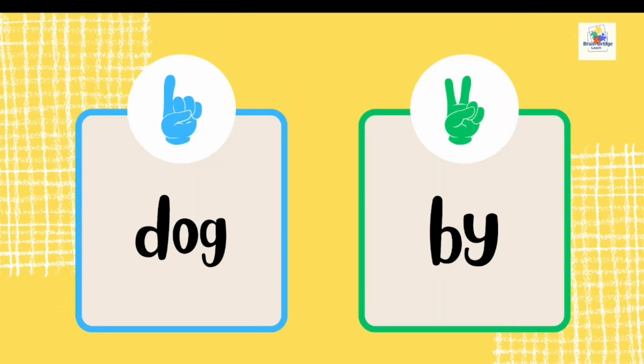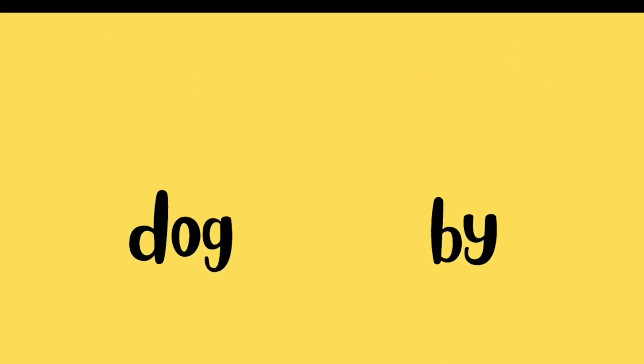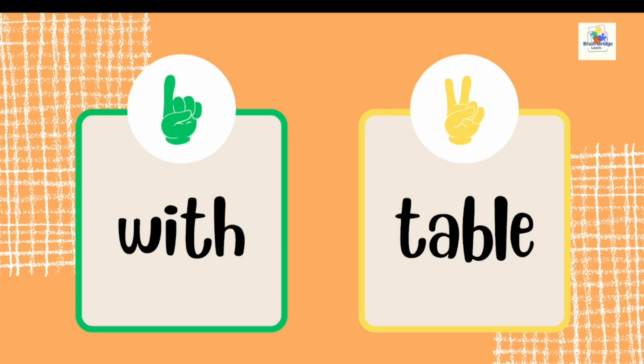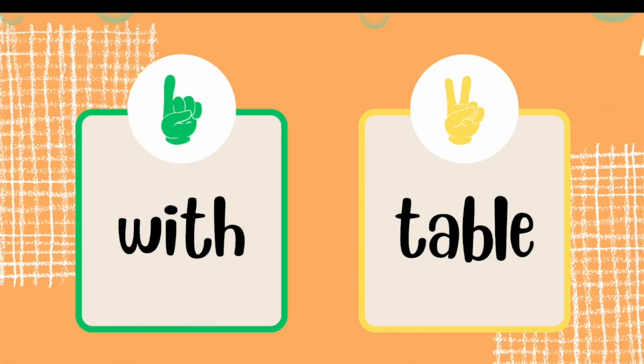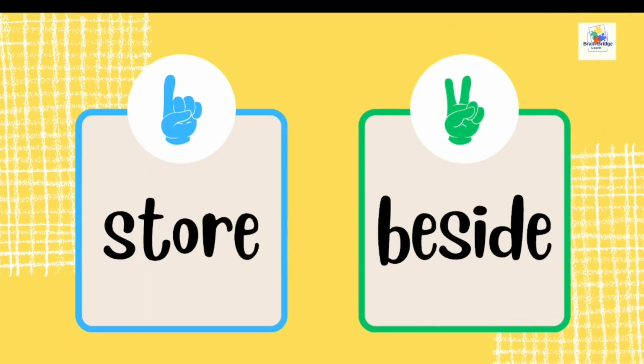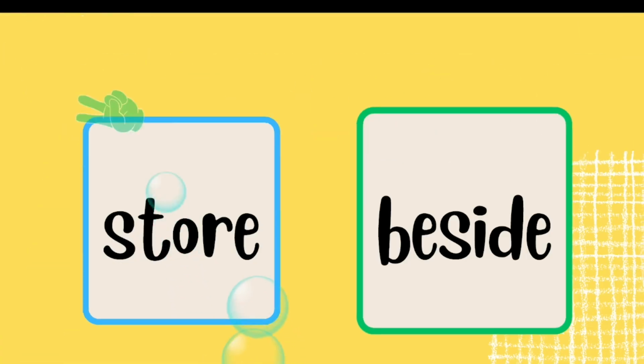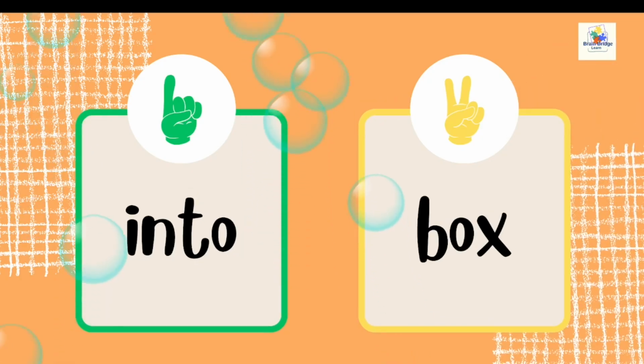Dog for 1, by for 2. 3 seconds. Move to the next one. With for 1, table for 2. Beside for 1, store for 2. Into for 1, box for 2.